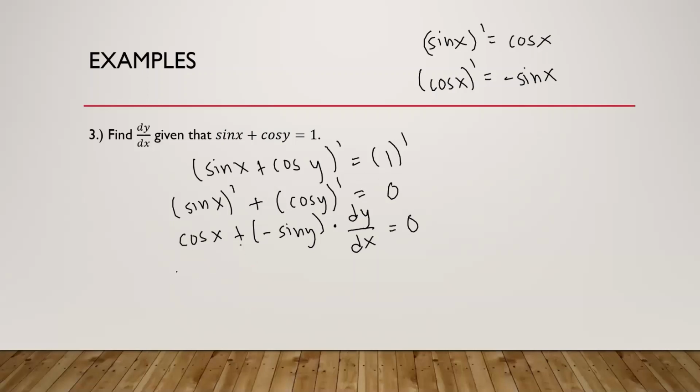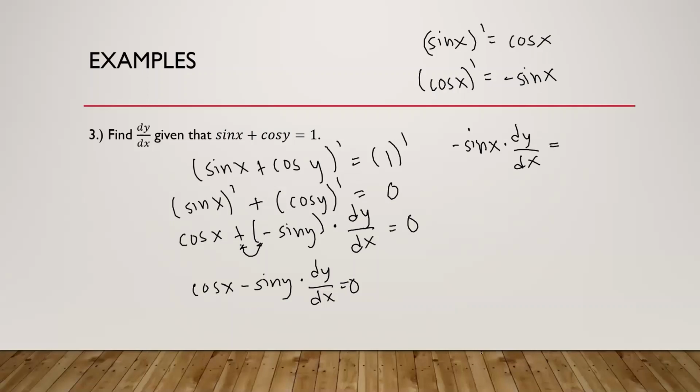Okay, so what are we going to do is multiply the signs. So, it will be cosine x minus sine y times dy over dx equals 0. So, what are we going to do here is, we're going to retain those who are stricken with dy over dx.